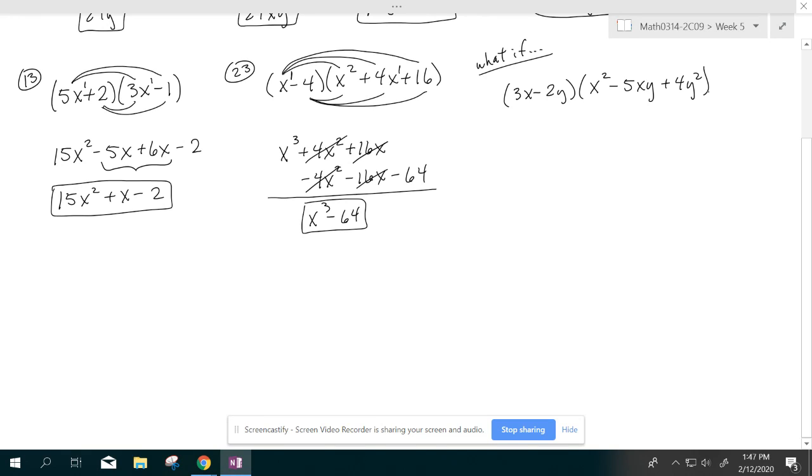All right, so we've got a binomial times a trinomial, but is it still the distributive property? All right, so let's break it down one baby step at a time. First, 3x times x squared. What did I say?